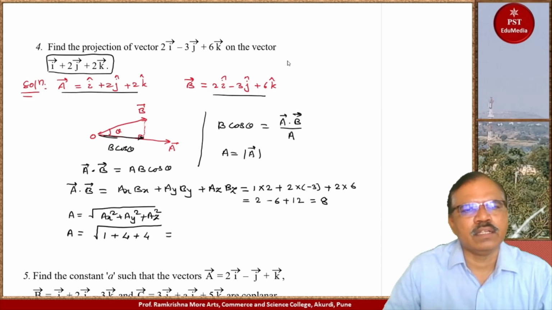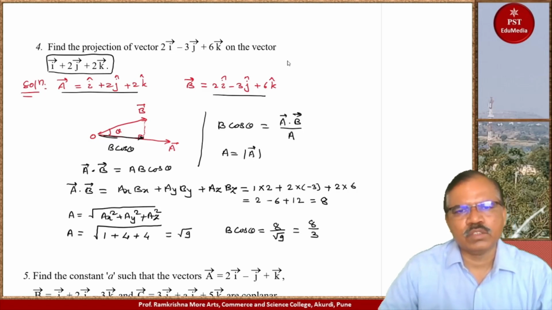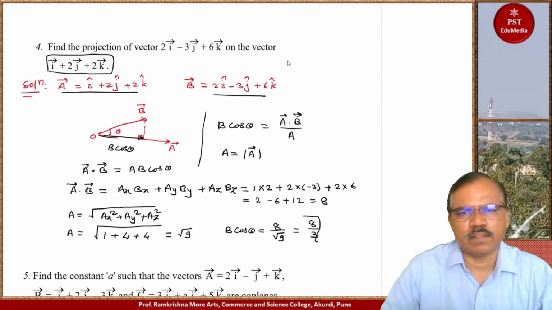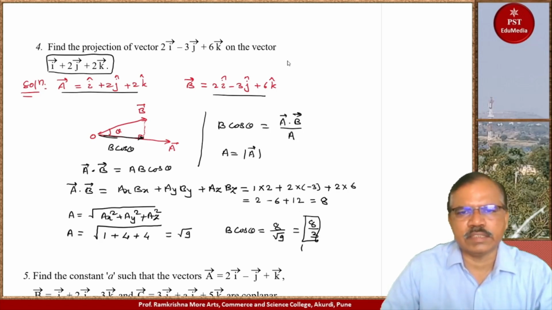So we get here root of 9. So what is B cos theta? B cos theta is equal to 8 upon root 9. Root 9 is 3. So this is the projection, 8 by 3. It is the projection of vector B on vector A. So this is the answer.